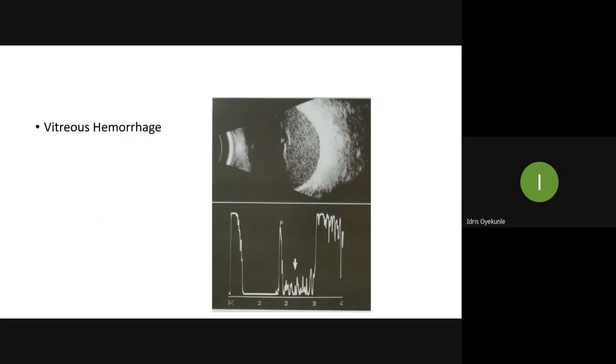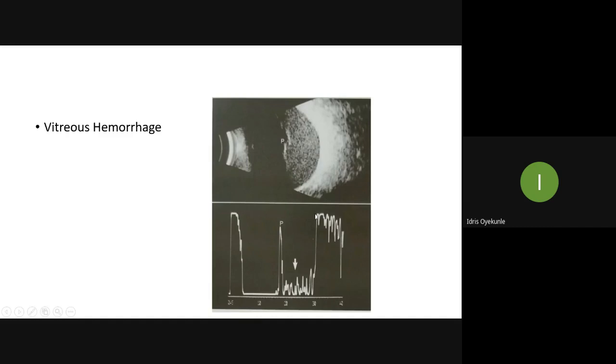Okay, so this is also another image to show. This is more like a retrohyaloid vitreous hemorrhage. It's not diffuse as in the first image I showed. And then we can see that this P corresponds to the initial spike, which is quite dense. And we can see this narrow spike, but it's not extending up. So it's not 100% spike.